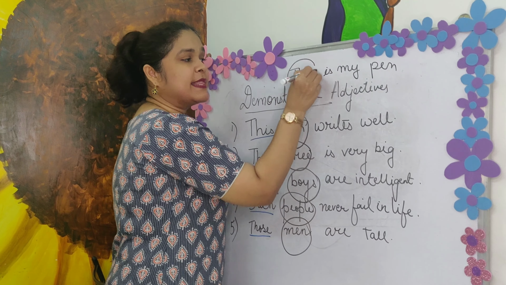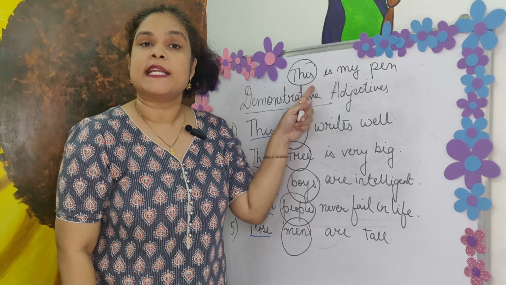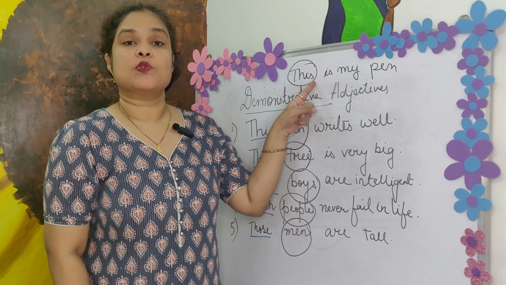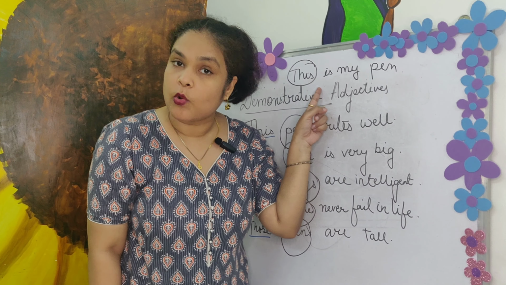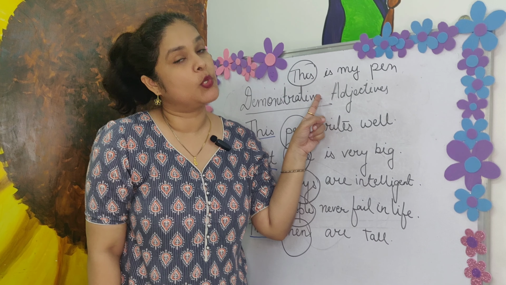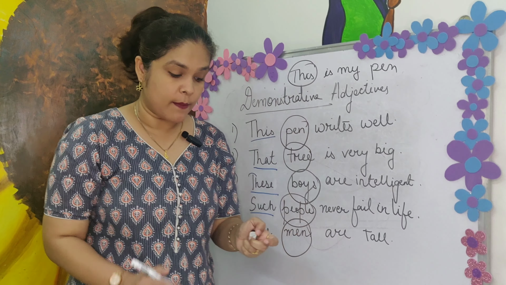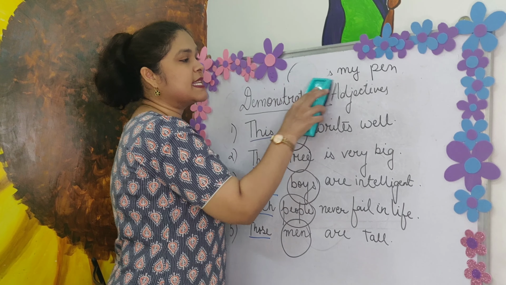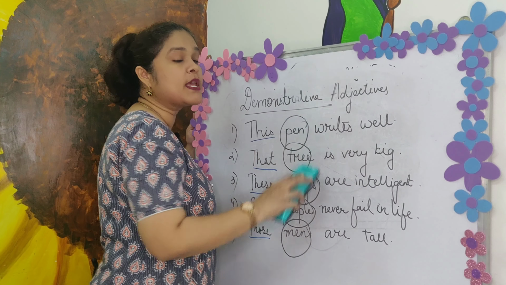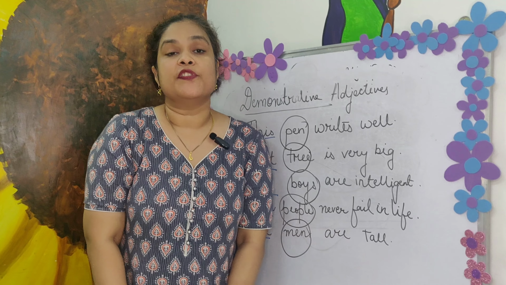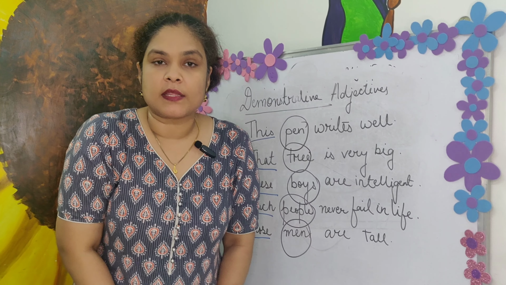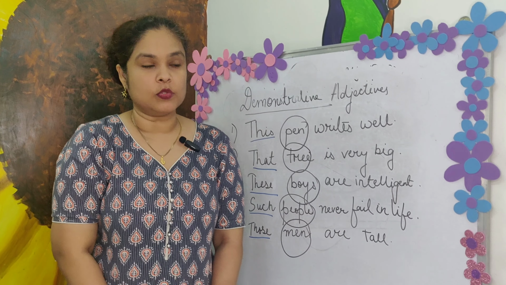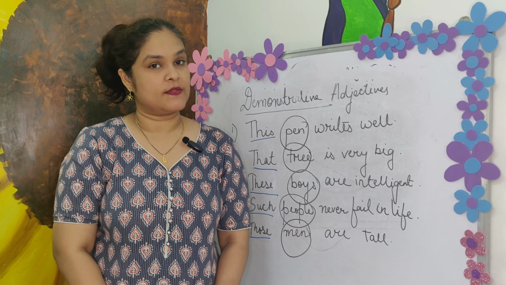If you see this and say that this is a demonstrative adjective, no. Here the rules are different. Here this will be a demonstrative pronoun. That is a different chapter which we will be doing very soon. So remember that whenever demonstrative words like this, that, these, those are placed before a noun, which means they are describing the noun or giving some information about the noun, they are called demonstrative adjectives.